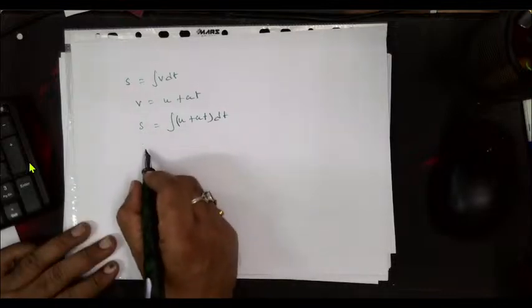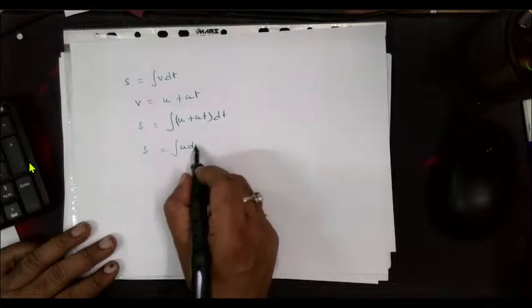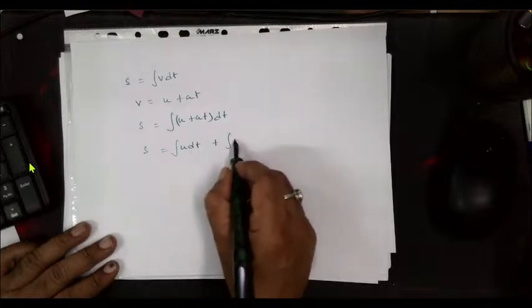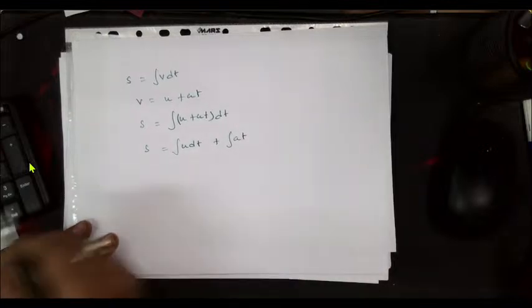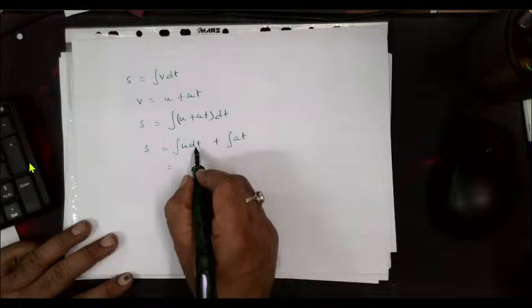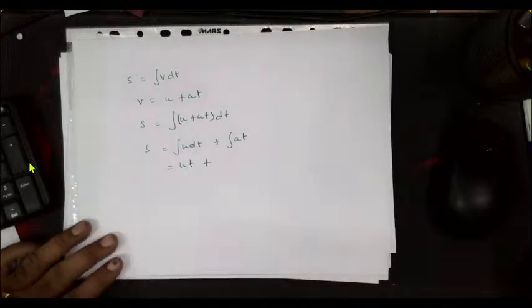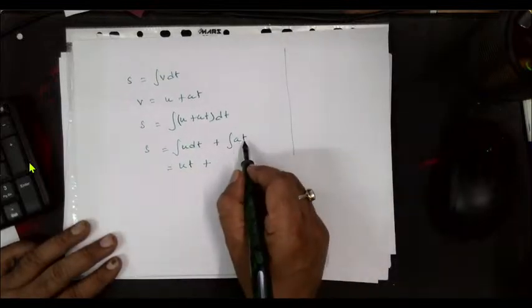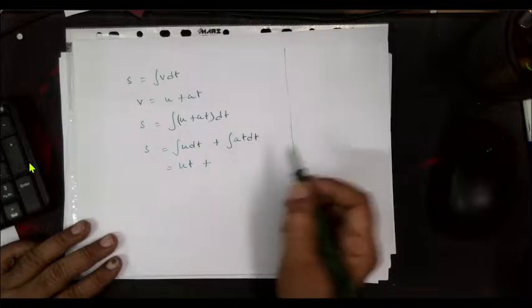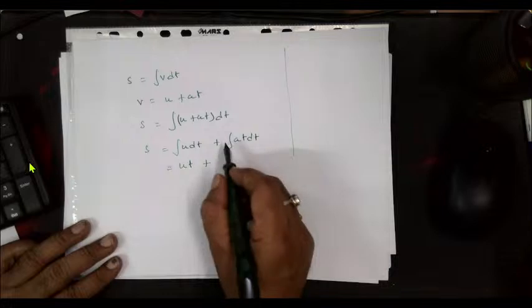This can be expanded as integral u dt plus integral at dt. Okay, so we know already for dt it is t, so we can put u into t plus, and for this we can apply the formula. This is a t into dt. So you can keep a outside the integral, being constant.